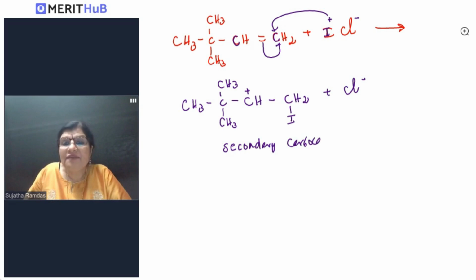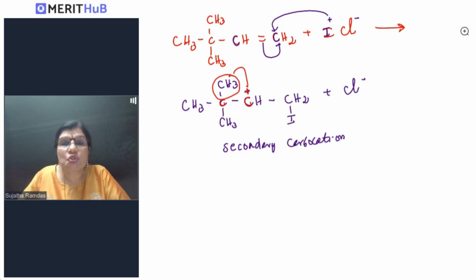Now, whenever a reaction involves a carbocation intermediate, and if you get a specific carbocation, check whether it is possible to get a more stable carbocation. So focus on this carbon atom, which carries a positive charge. Look at the adjacent carbon atom: if this methyl group with the bond shifts to this position, what do you get?